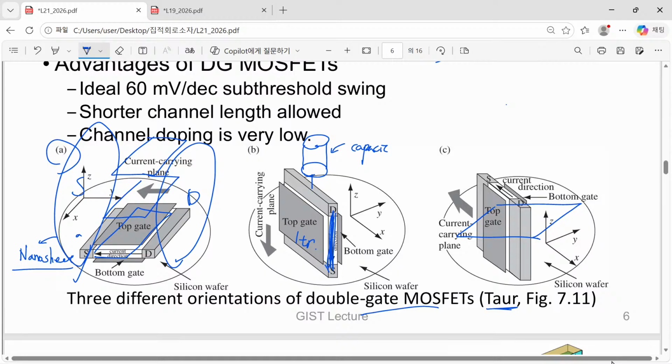Since you are Korean, maybe you are quite familiar with DRAM, and DRAM typically has the architecture of one transistor and one capacitor, and always this capacitor takes a lot of area for our DRAM technology. But if we adopt this kind of vertically placed transistor, and place the capacitor on top of it, then we can really minimize its area consumption.